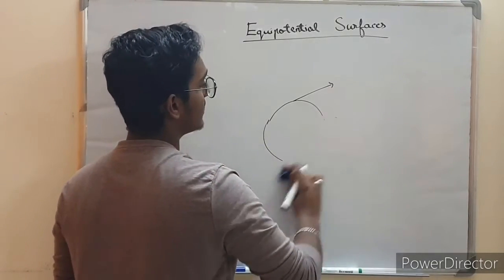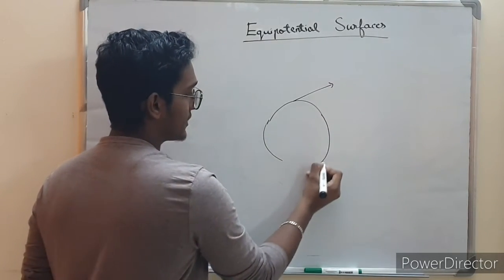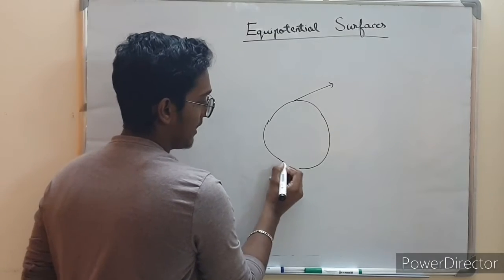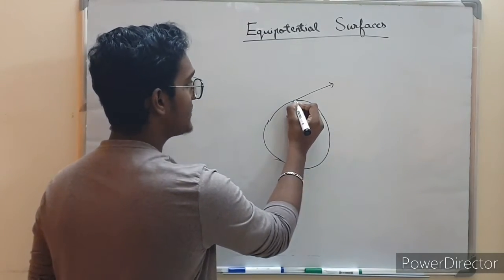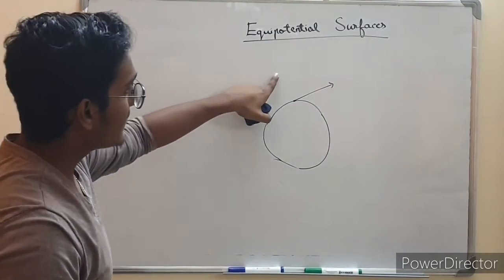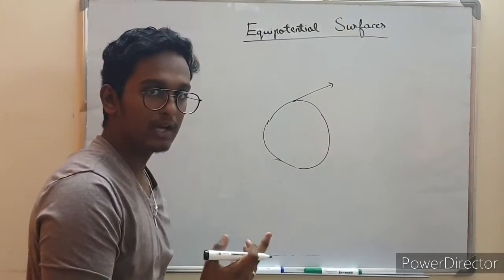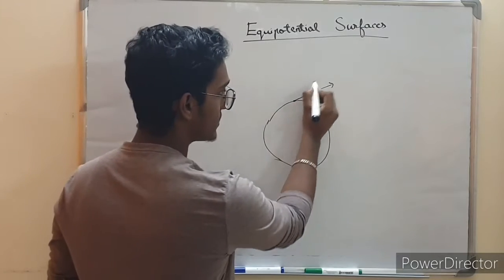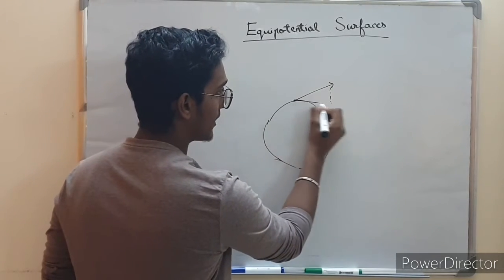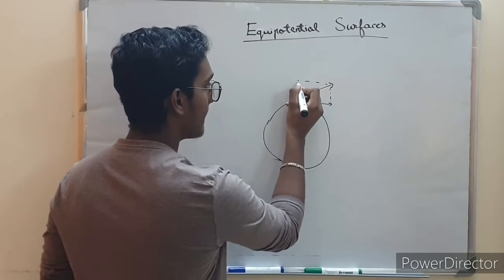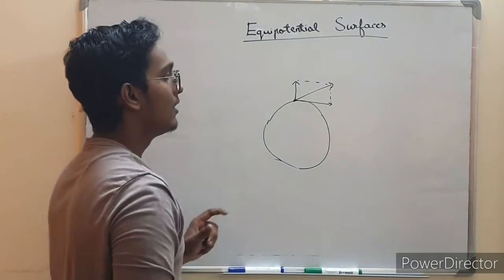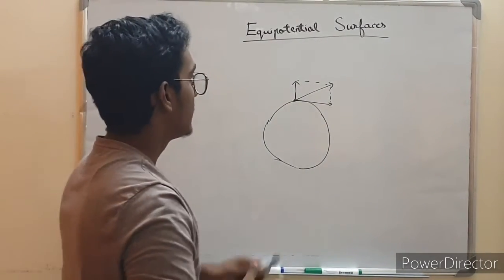So here's the answer. If this was the equipotential surface, and if that was the electric field line, then you can clearly see that there exists a non-zero component along the horizontal direction. You can resolve this vector into two components, one in this direction and the other in this direction. Why are we doing this?